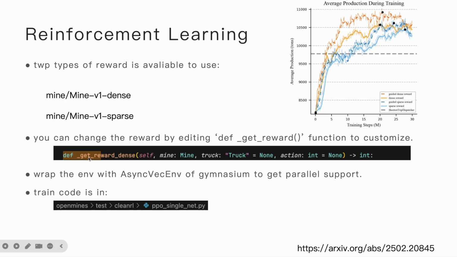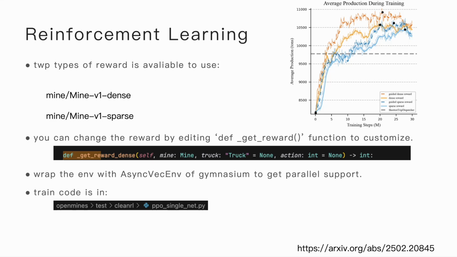If you want to customize the reward function, you can visit this function called get reward dense, then modify the logic. If you want to use some parallel training, you just need to wrap the environment with this object inside the Gymnasium, so you can do parallel training.